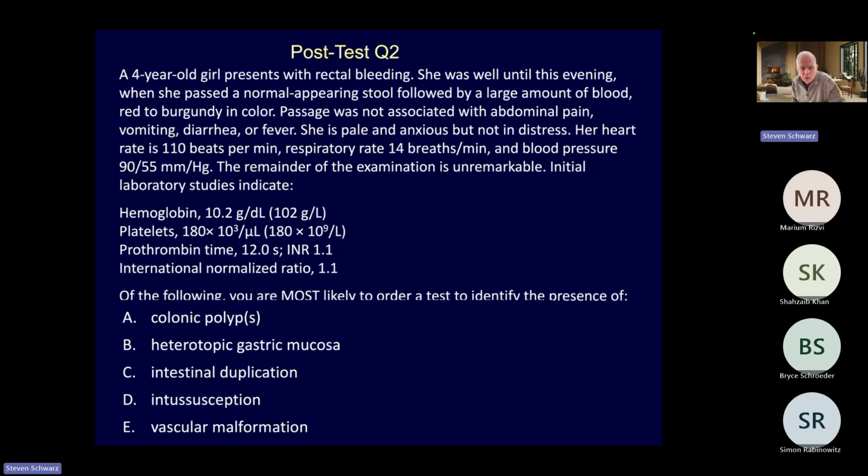What is this child's diagnosis? Meckel's diverticulum until proven otherwise. I sent everybody an article about this. I guess nobody read it. This is Meckel's diverticulum, and you're identifying heterotopic gastric mucosa. The answer is B. This is a typical board question.